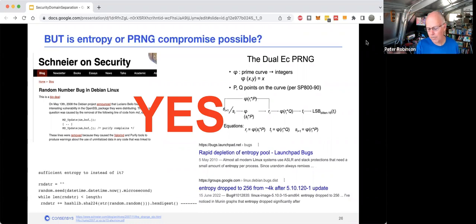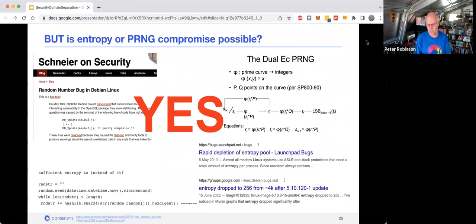One is based on the base point, P, and the other one is based on a point called Q. Q should have been generated at random, but no one ever came up with the proof that it was, and you can cryptographically prove it was generated at random. So the speculation is that a large US government organization, which could have been the NSA, actually had the private key. Using that private key, you could work out or infer future values based on past values, but only if you had the private key.